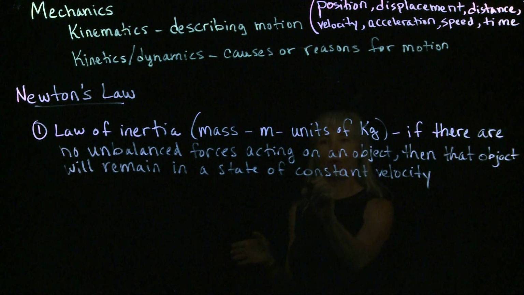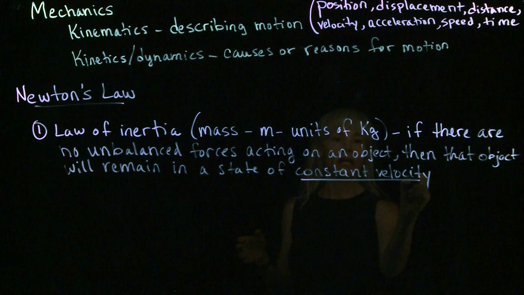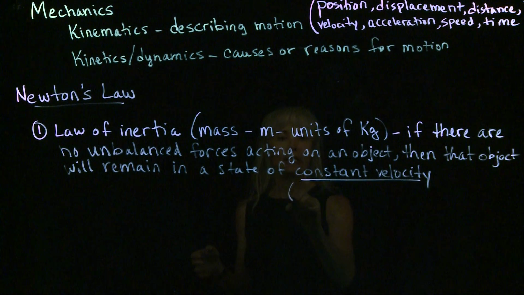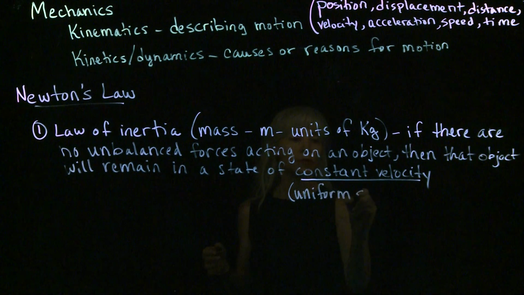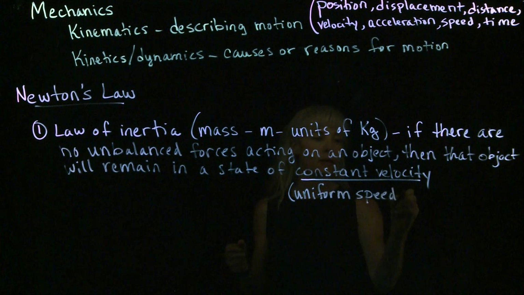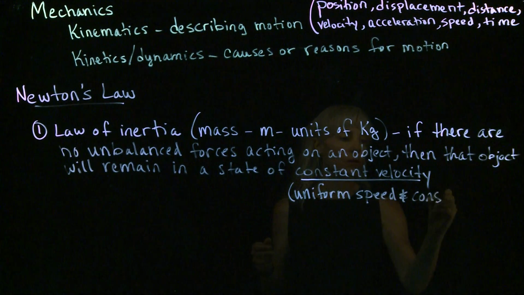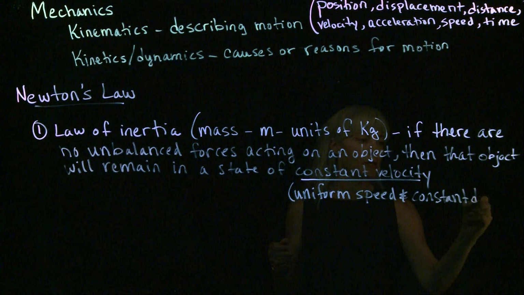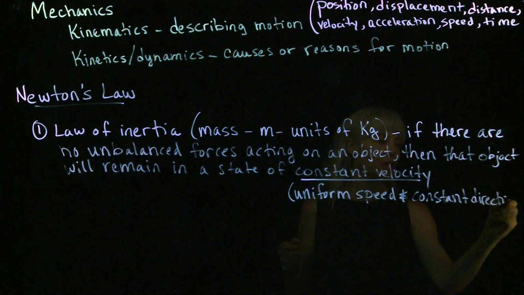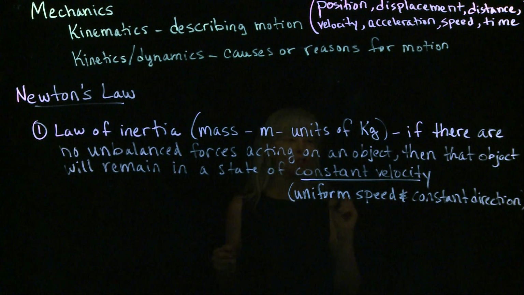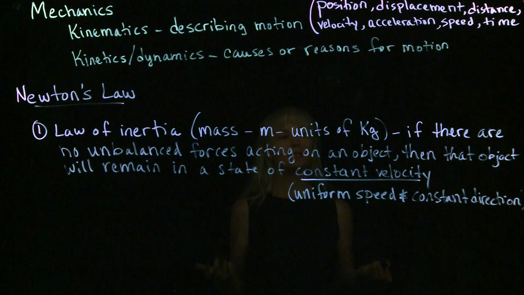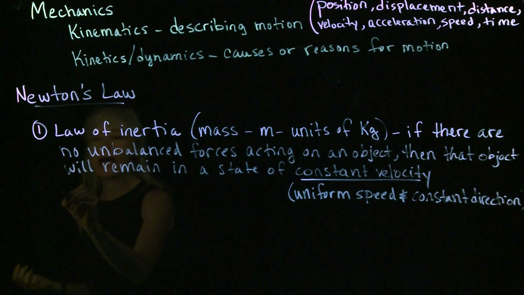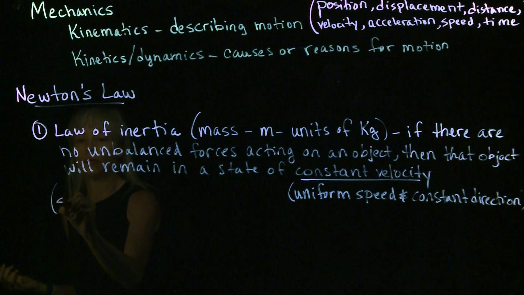So in other words, for the object to maintain a constant velocity, it must have a uniform speed and a constant direction. If either one of these change, then the velocity is no longer constant. Okay? So we can describe the state of constant velocity as a state of equilibrium.